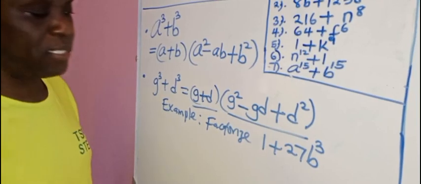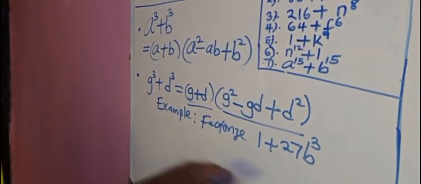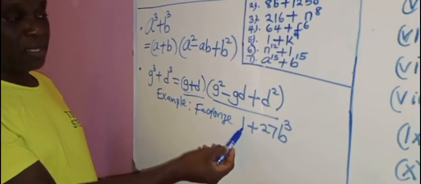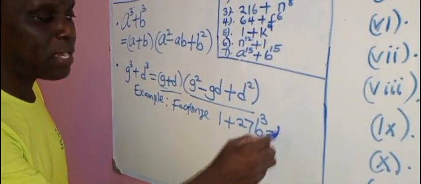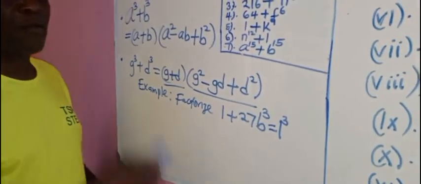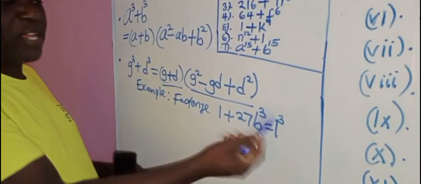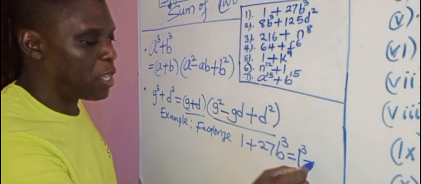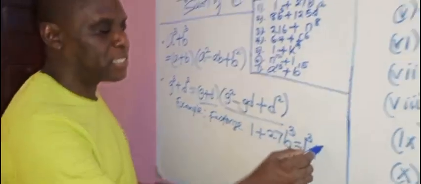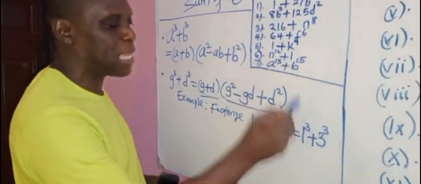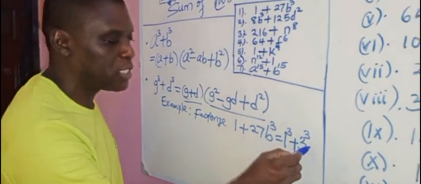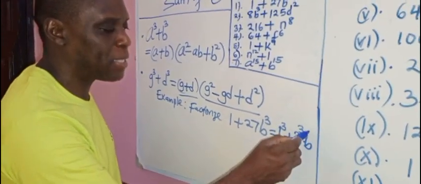If you come across this, you should know that this conforms to two things being cubed, because this one is taken as 1 raised to the power 3. Anything raised to the power 3, 1 raised to the power anything is 1. Then 27 is 3 raised to the power 3, 3 times 3 times 3, dot b raised to the power 3.